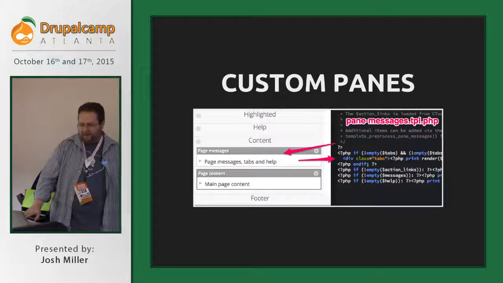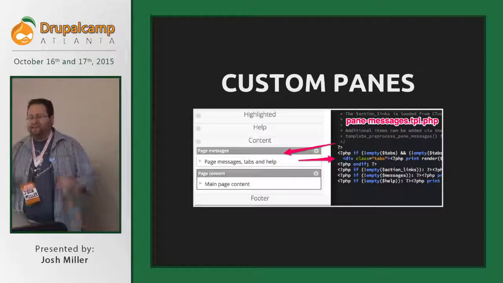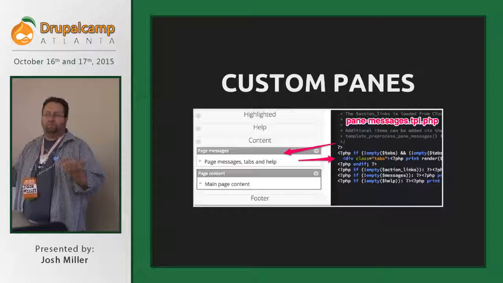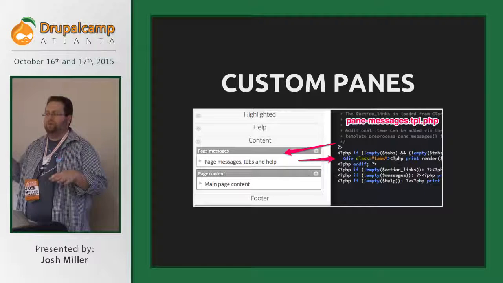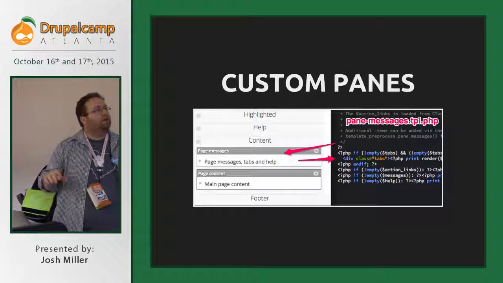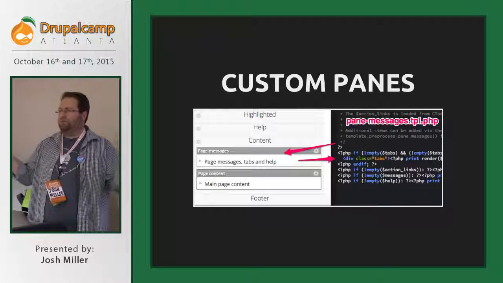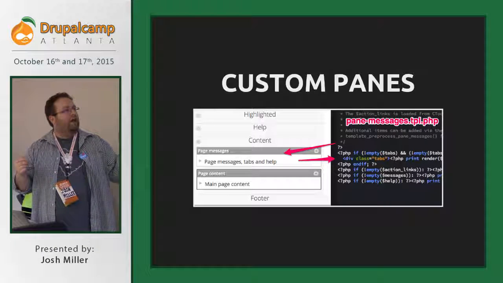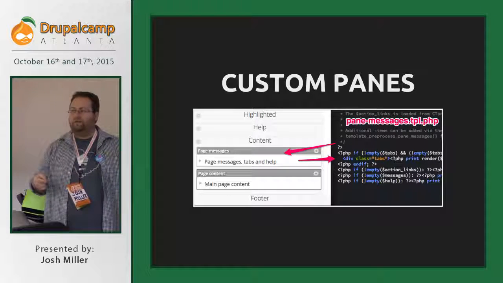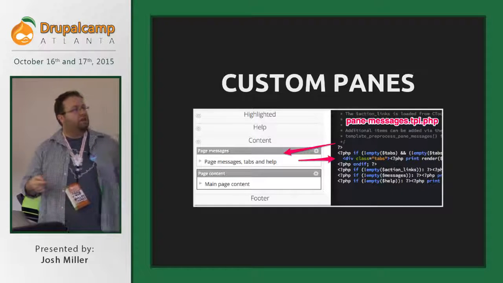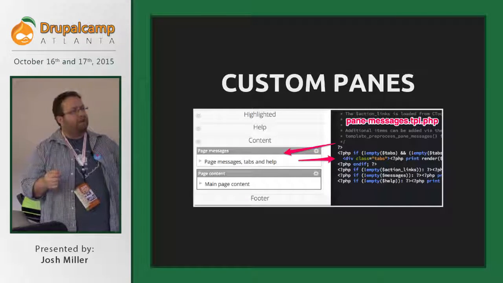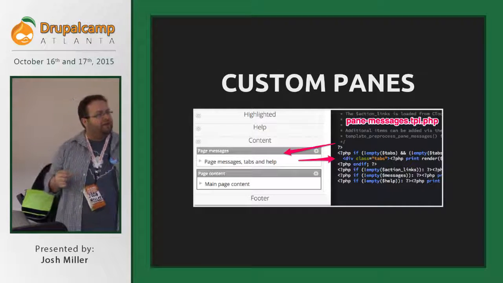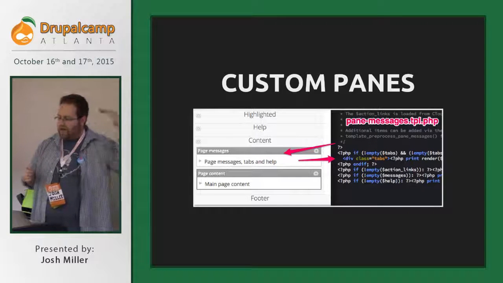A custom pane. Now, there are some pieces of Drupal that were never designed to be blocks. At least they aren't in Drupal 7. In Drupal 8, we made them all blocks. But in Drupal 7, there are just pieces that weren't blockizable at the time. And those pieces, Panels will give you as blocks in the form of custom panes. There's a pane message, there's a pane content, and I think there's a pane header and footer.